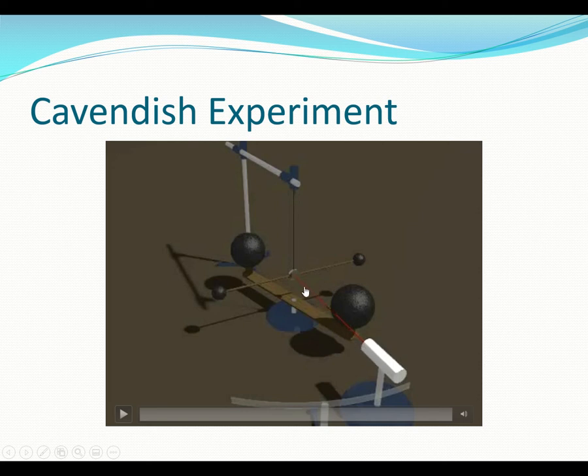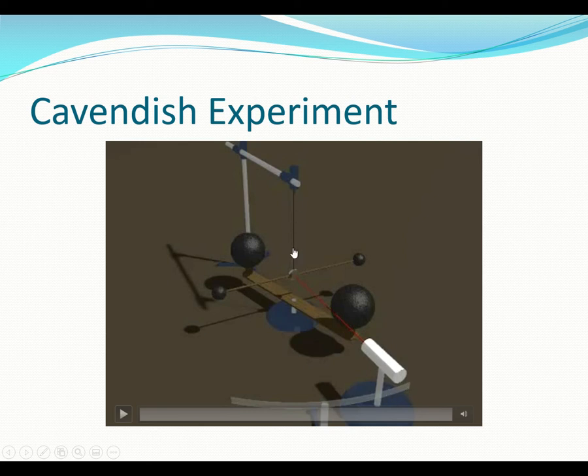You shoot a beam of light at a mirror, and what's going to happen is these two masses are going to attract each other, and as they attract each other, it's going to bring this one towards it, and as it does that, it tilts this mirror here, and it's going to cause this laser to bounce off, and it reads the degree of twist, so how much it twists.